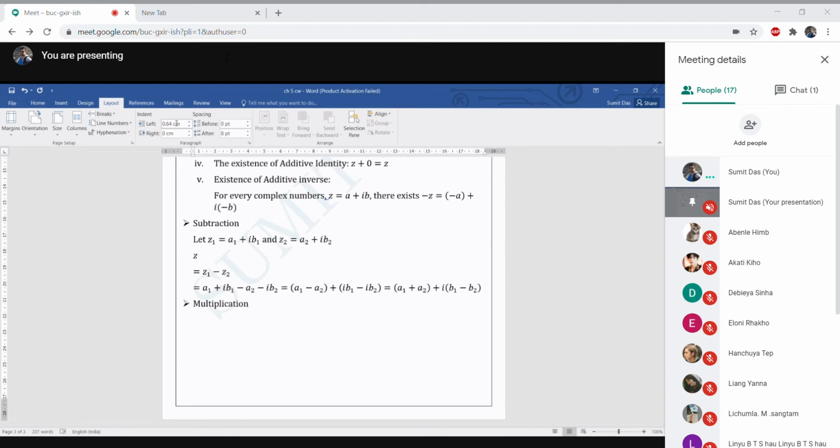So in multiplication, similarly here also, z1 equals a1 plus ib1 and z2 equals a2 plus ib2. We want z1 multiplied by z2. So just put the values.